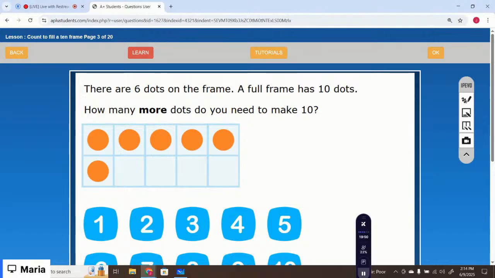A full frame has 10 doors. How many more doors do you need to make that? So, which is the correct option?